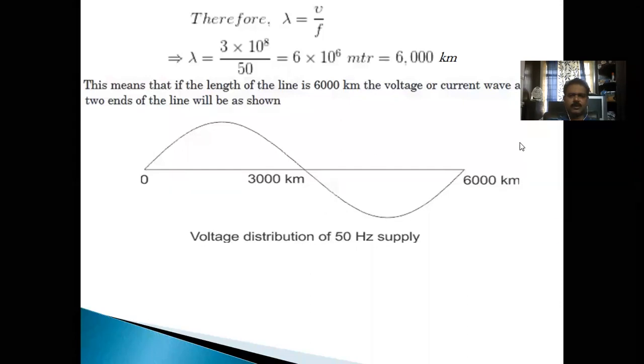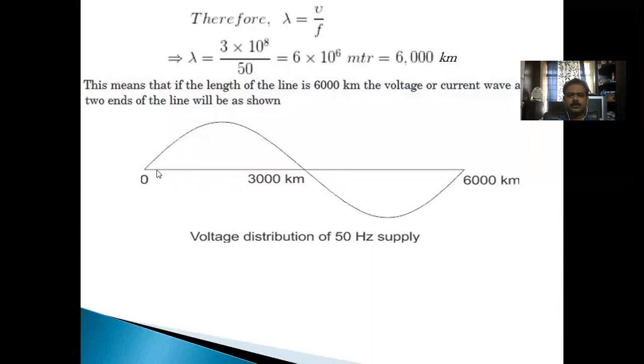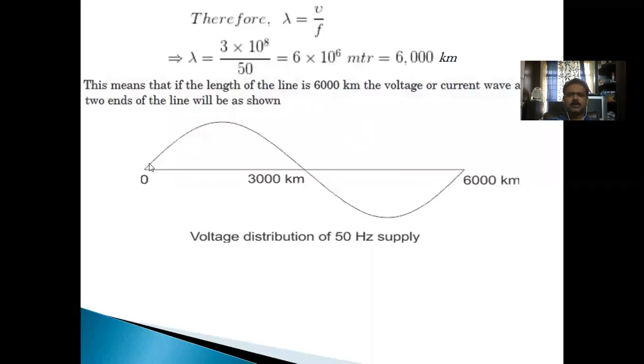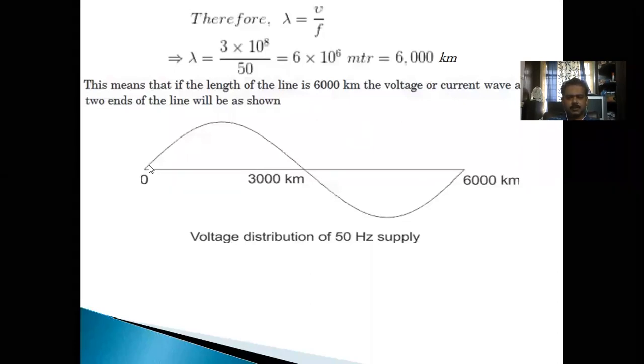Based on this waveform, the voltage distribution: if we consider up to 160 kilometers, in some textbooks around 200 kilometers, up to that point the voltage or current variations are the same whether we use distributed parameters or lumped parameters.